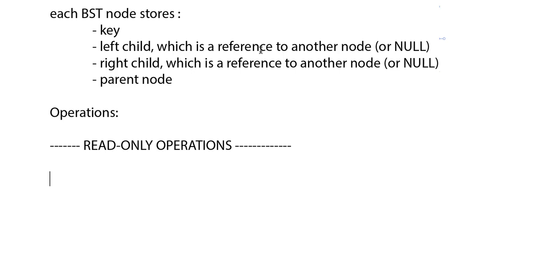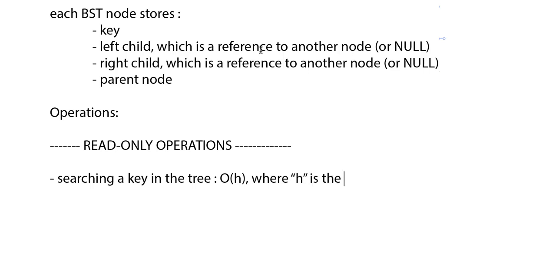Right? So the read-only operations that we'll support are searching a key in the tree, which is going to be O of H, where H is the height of the tree.